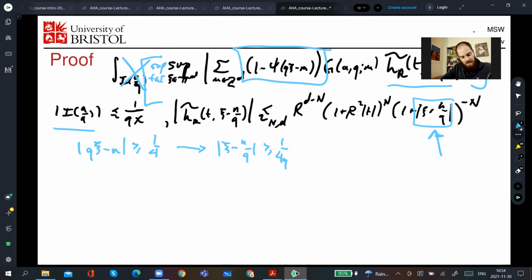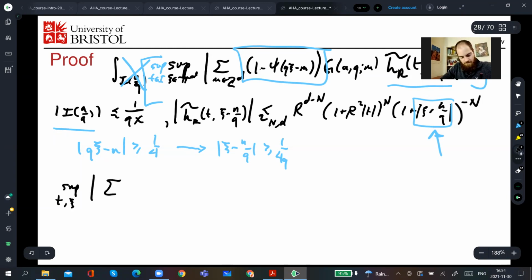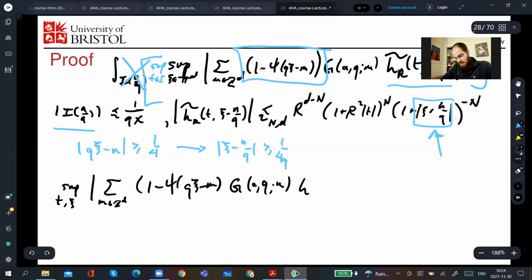Okay, so we do that by looking at the supremum over t and c of the sum over m in Z^d, 1 minus psi of q c minus m, times this Gauss sum, then times this Fourier transform. So I just apply the triangle inequality.